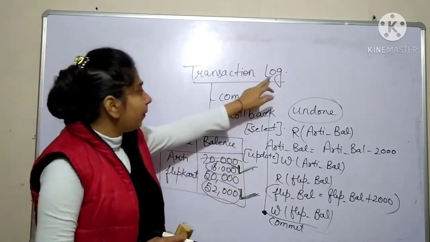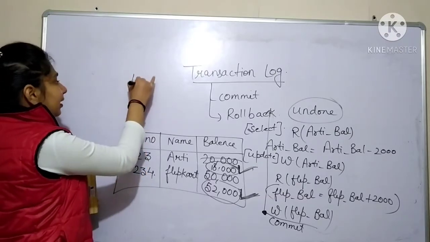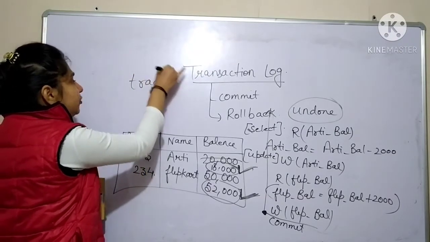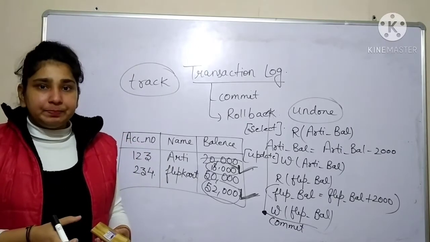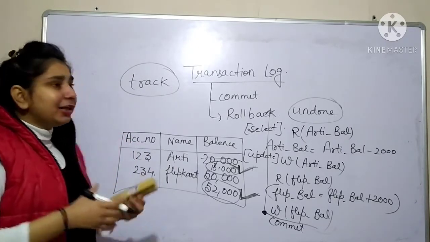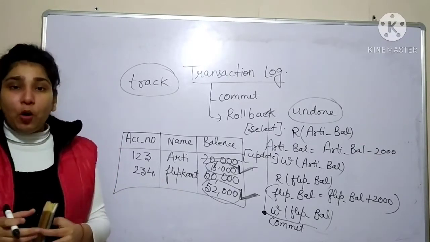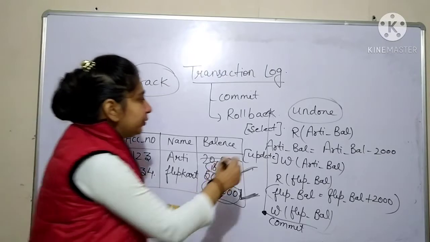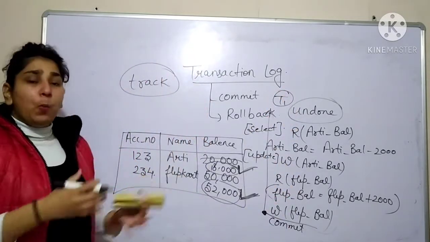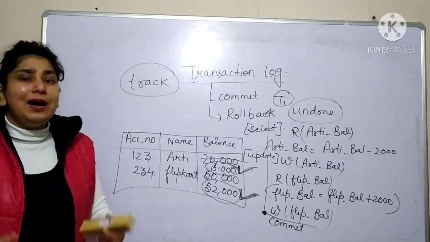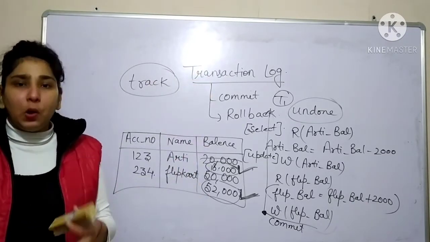As is clear from the name, log, you are keeping track of each and every change that you are doing. You are keeping a record of everything. Let's suppose you started executing transaction T1. Whatever you are doing, you keep a record in the transaction log.